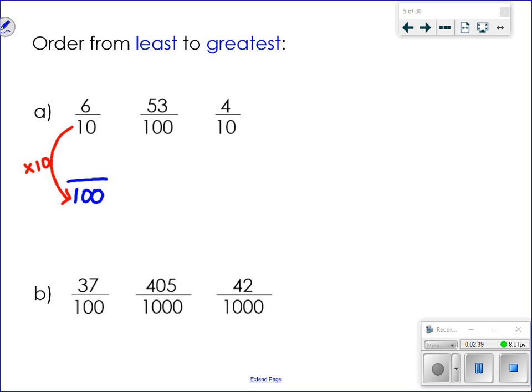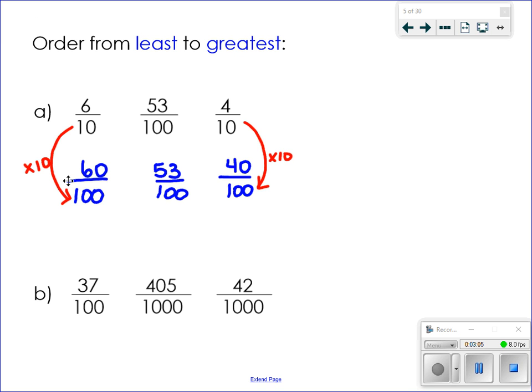So then I do the same thing in the numerator. 6 times 10, 60. 53 hundredths is already hundredths, so I don't have to change anything. 4 tenths, I can convert that to an equivalent fraction, hundredths, by multiplying again by 10 in the denominator, so I multiply by 10 in the numerator. 4 times 10 is 40.